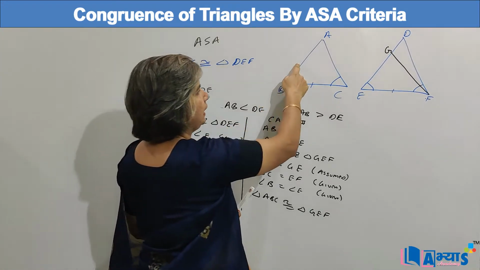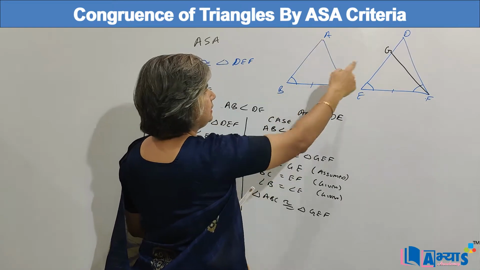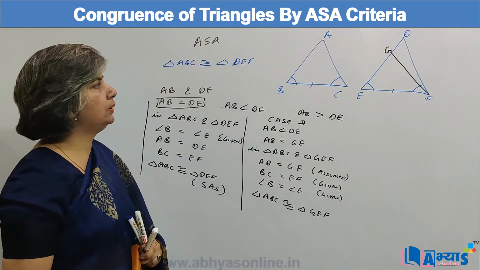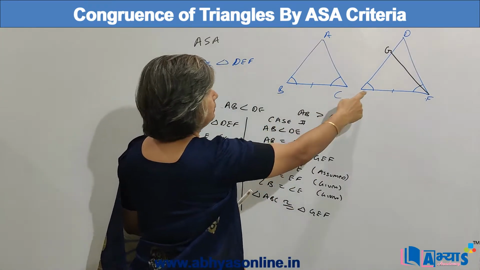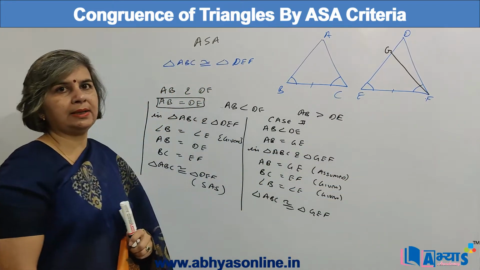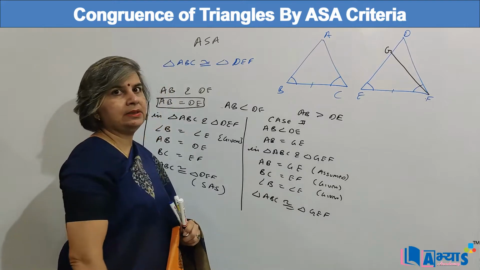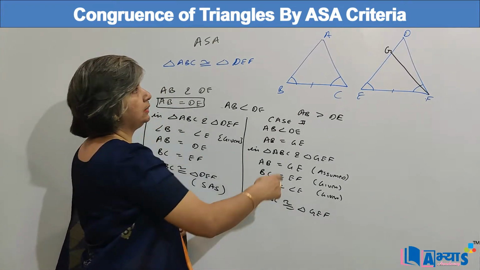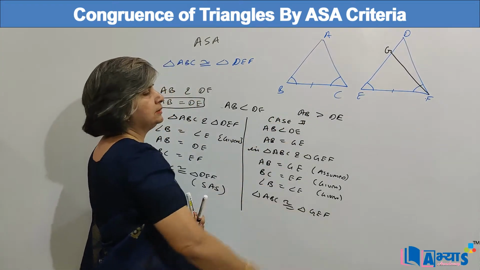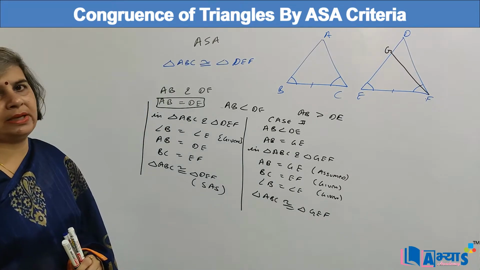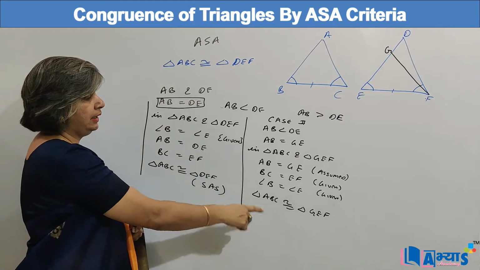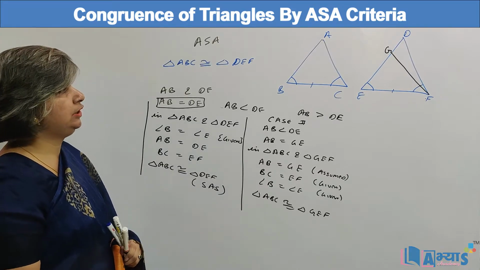That means angle A is equal to, as AB is equal to GE, that means side is equal, and angle B is equal to angle E, that means included angle is equal, and BC is equal to EF, that means again the sides are equal. So we have taken the criteria SAS, side, included angle and the side. So we can say that triangle ABC is congruent to triangle GEF.